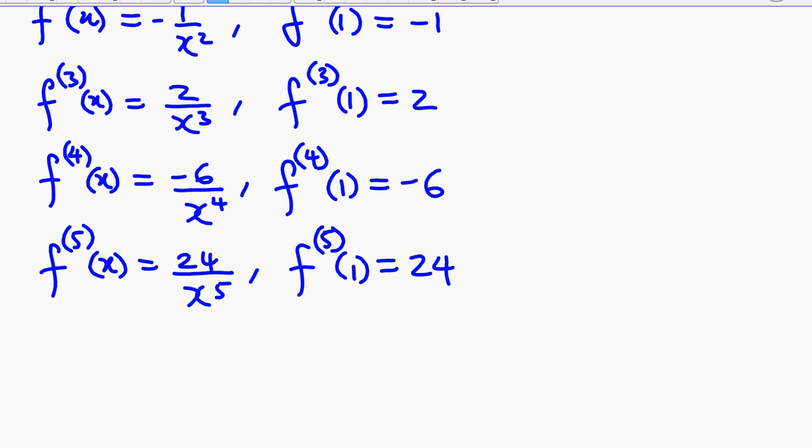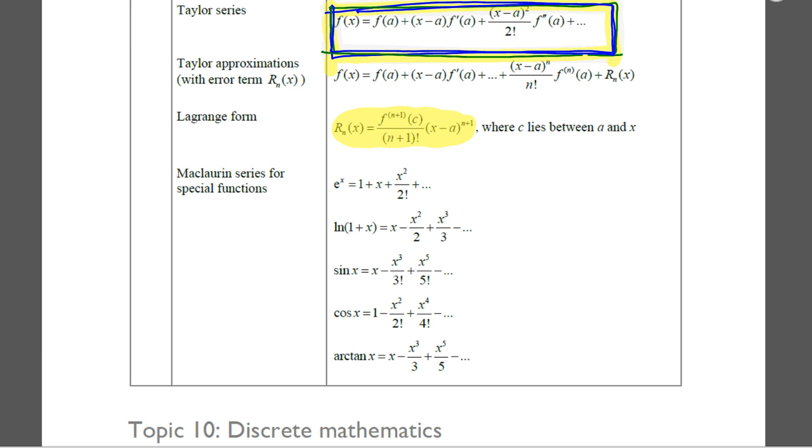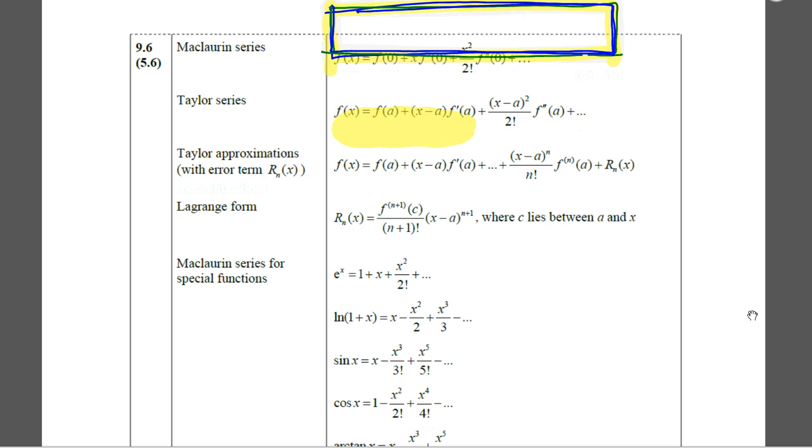So what we need to do now is to plug these coefficients into the formula for Taylor series, which is here.